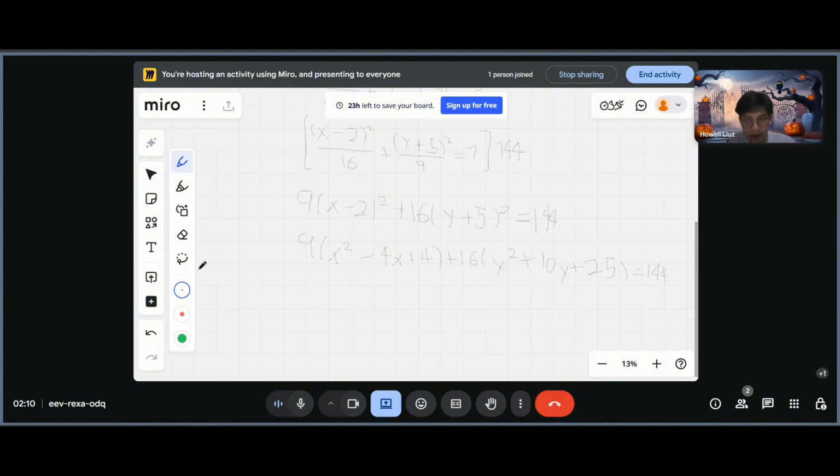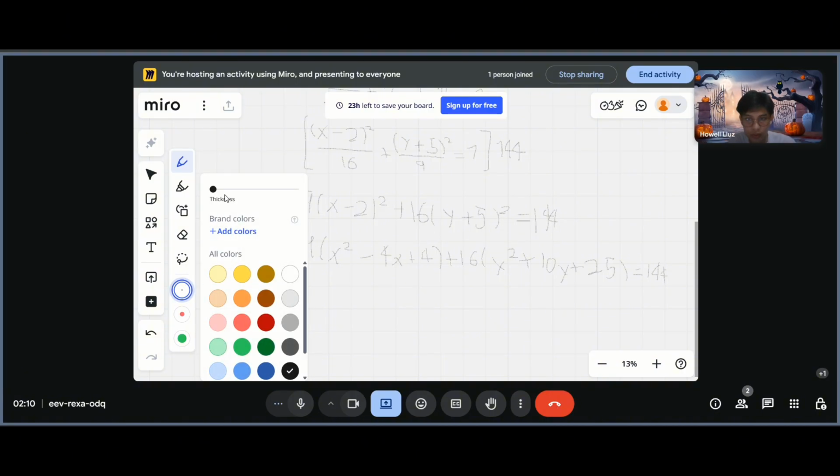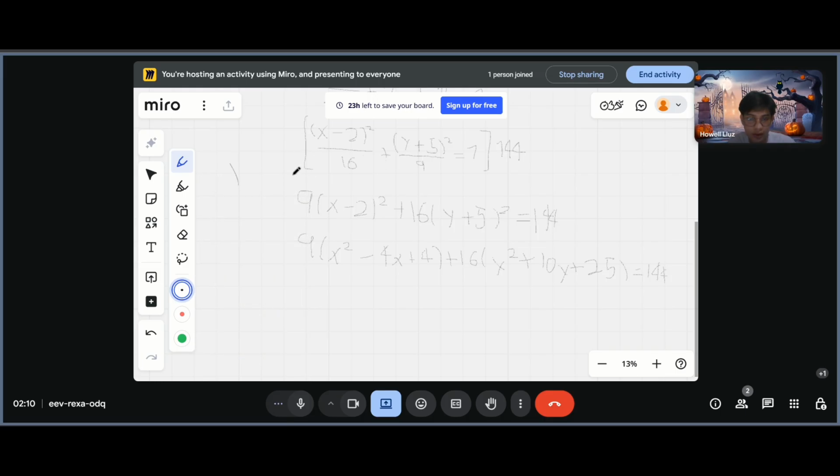So the next is we have to distribute the 9 and 16.